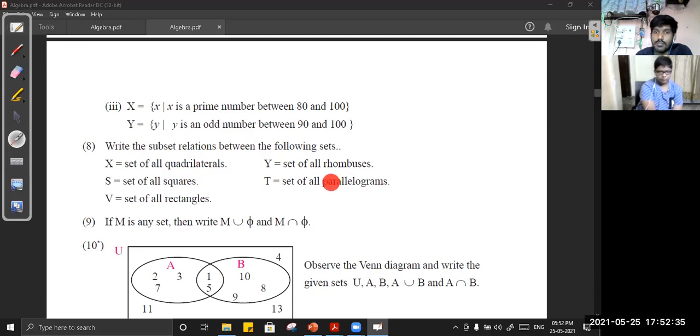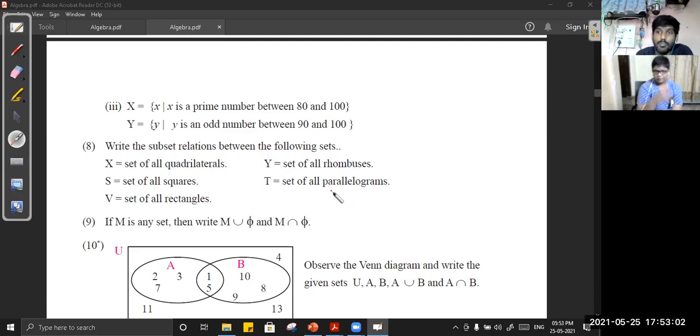What is a parallelogram? A cube? Parallelogram is not a cube, but a parallelogram is a 4-sided figure, or you can say a quadrilateral whose opposite sides are, what is this word here?